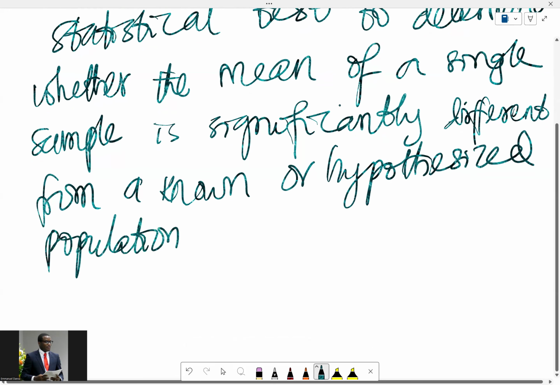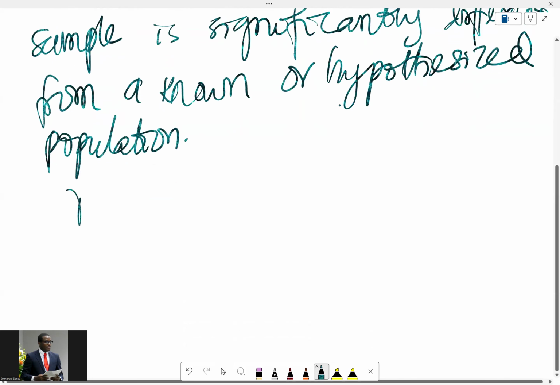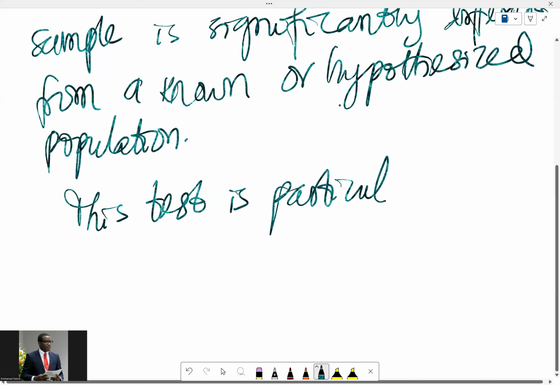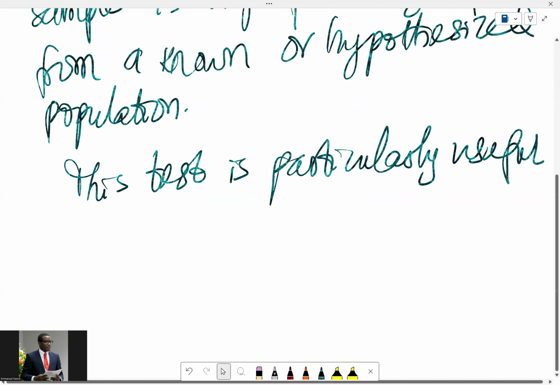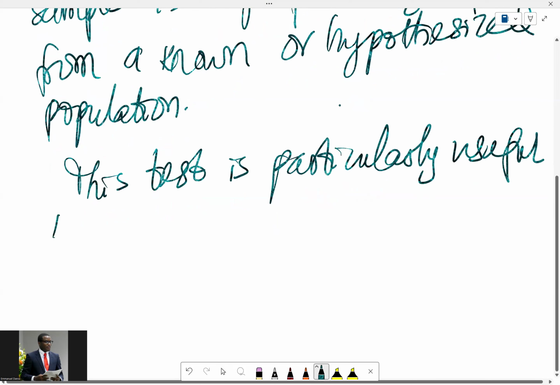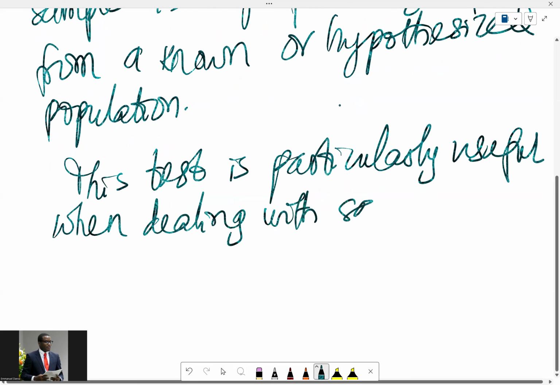And then you're comparing it with a population mean that you know. So this test is particularly useful when dealing with small sample sizes.